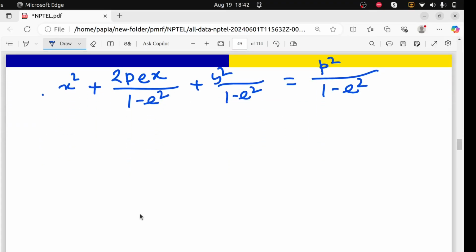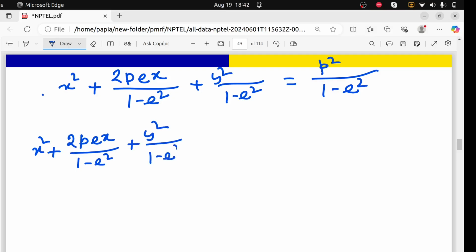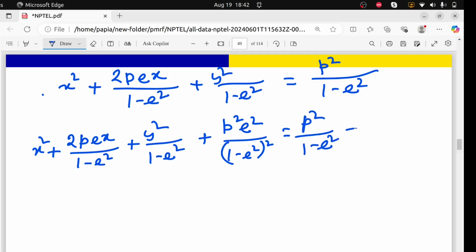Okay. Now I will do a little bit of a trick here, as he was also discussing in his lecture. I'm just going to add one term here, pe by 1 minus e square, whole square. If I add it on the left hand side, I have to add that on the right hand side as well. Okay.